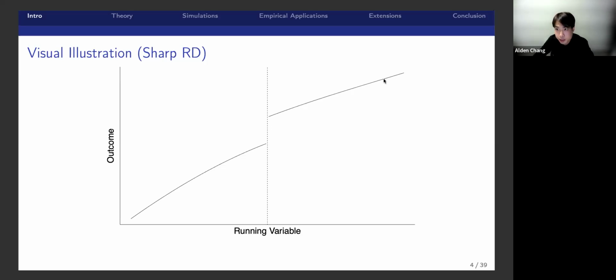Similarly, we would hope that the CEF of y1 also evolves continuously as we extend across the threshold. The problem with this assumption is that it's fundamentally untestable, because we never see y1 for individuals below the threshold, and we never see y0 for individuals to the right of the threshold.